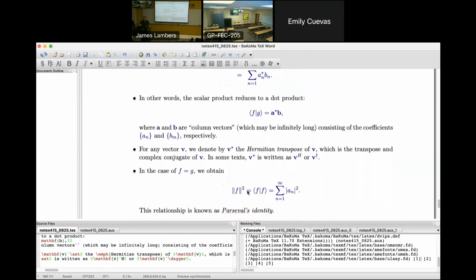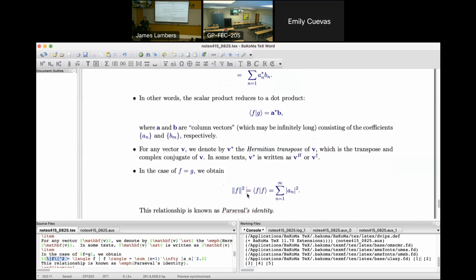Okay. And here's another interesting fact that comes out of this relationship between scalar products, dot products and coefficients. If you let the two functions be the same, the norm of f squared is the scalar product of f with itself, and based on what I just did, that's the sum of the absolute value squared of all the coefficients in the basis expansion.